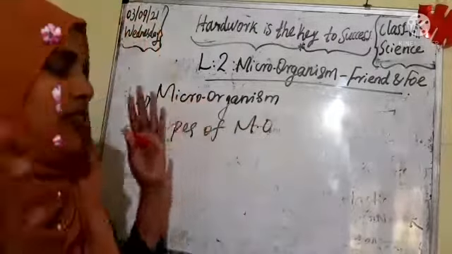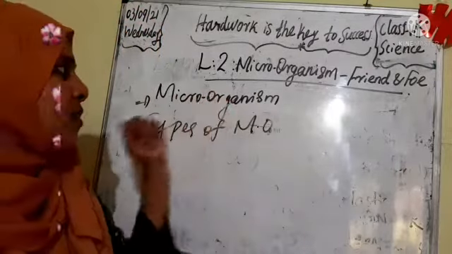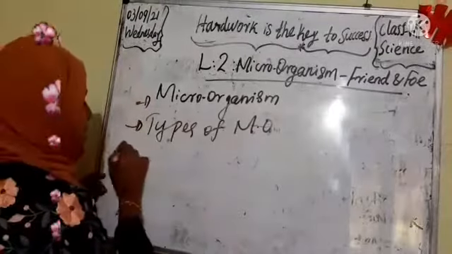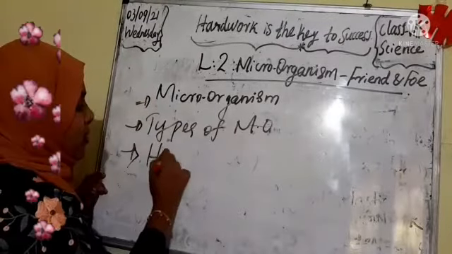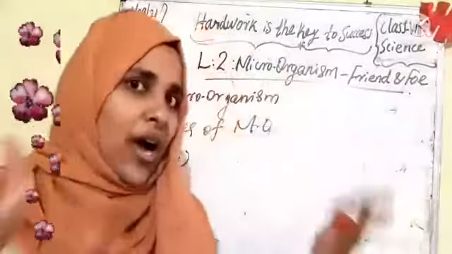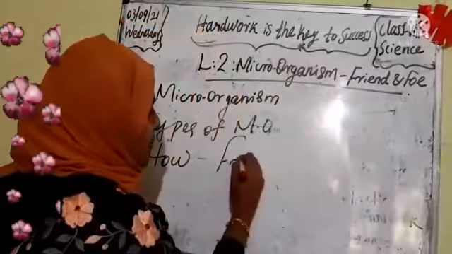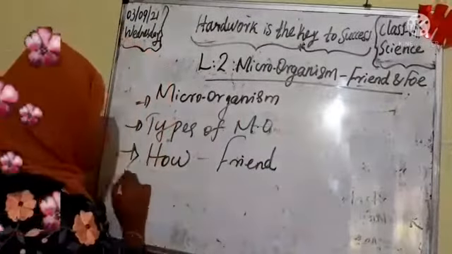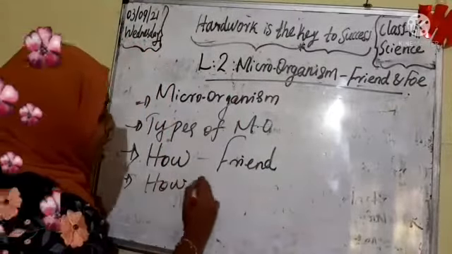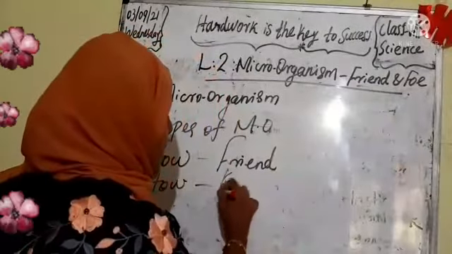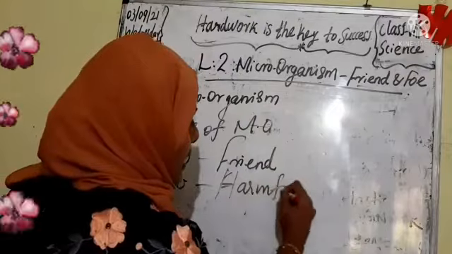Then we are going to learn about how these microorganisms are helpful to our life, how they become friends to us. Then we also are going to learn about how they become harmful to our life.